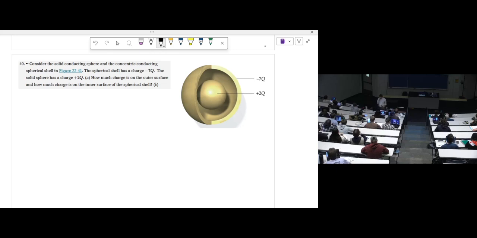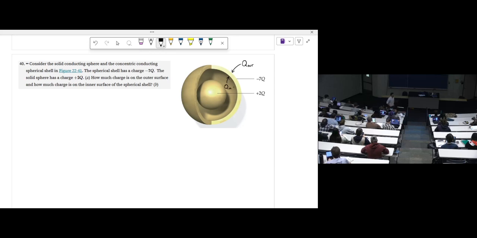The solid sphere has a charge of +2Q. How much charge is on the outer surface and how much charge is on the inner surface of the spherical shell? So we want to know what is Q out here and what is Q in.